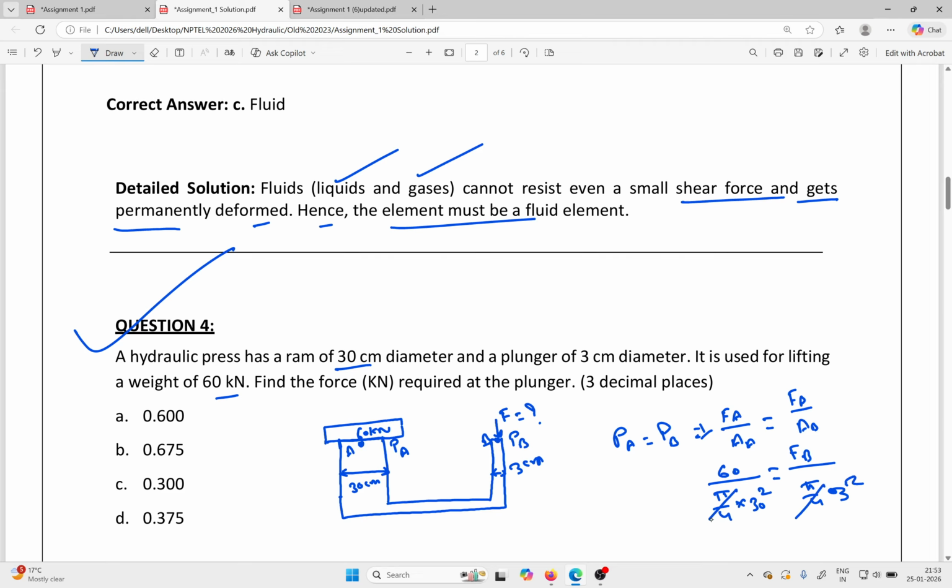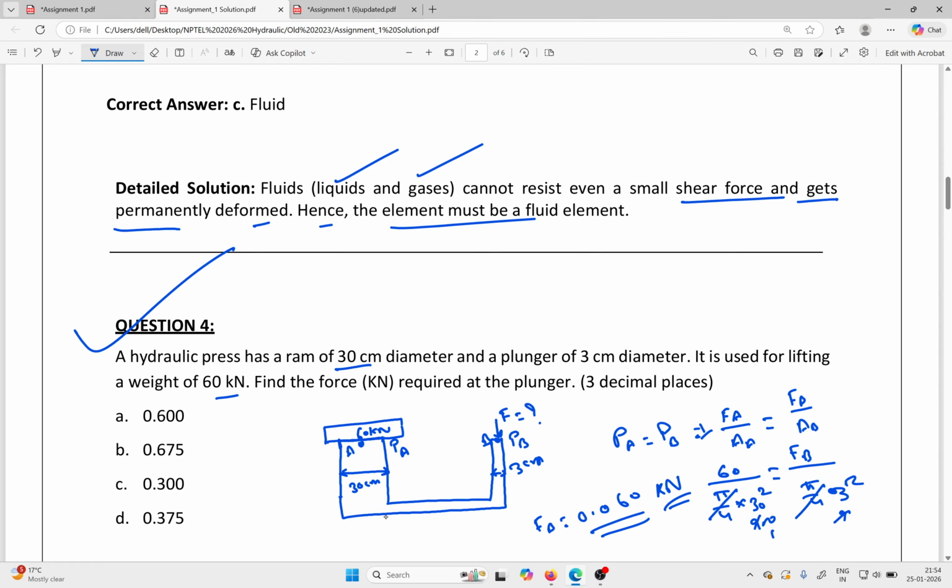So pi will cancel out. And here 3 threes are 9, here 30 squared is 900, so the ratio is 100. So FB will be 0.060 kilonewton. Means 60 Newton you require. Means 10 times less. So here one thing you can say very clearly.